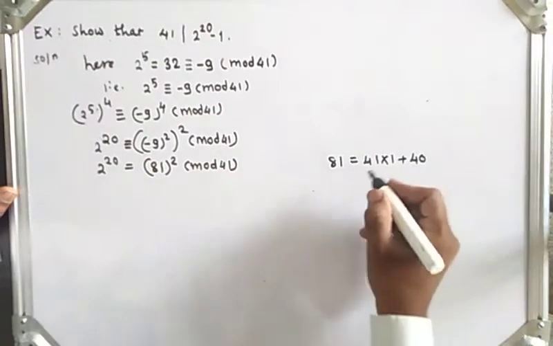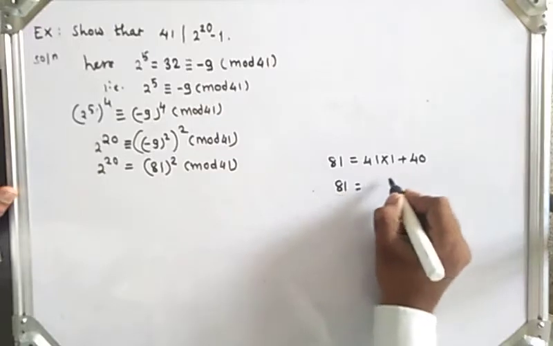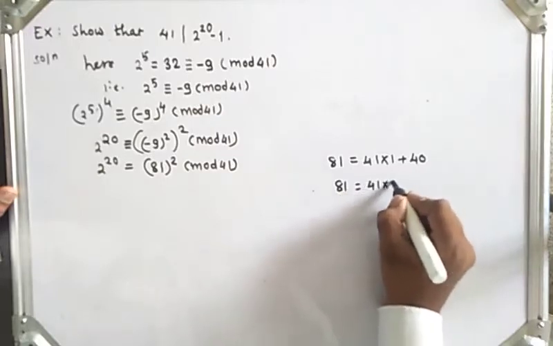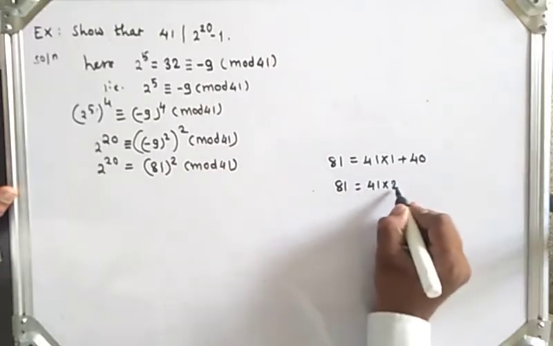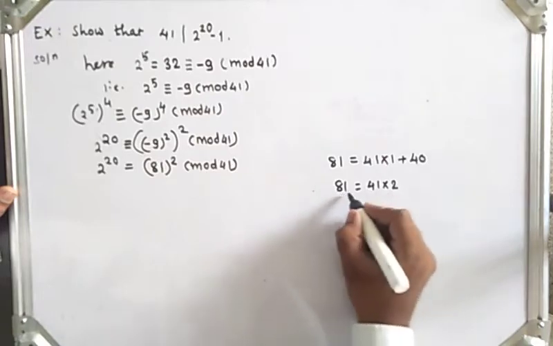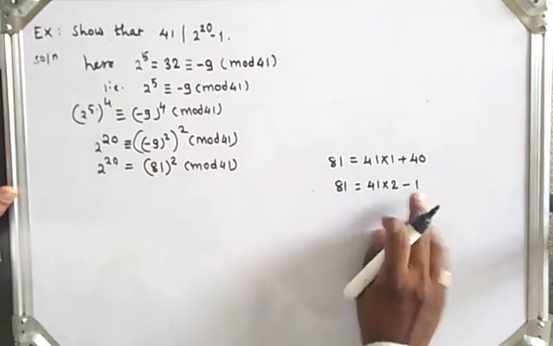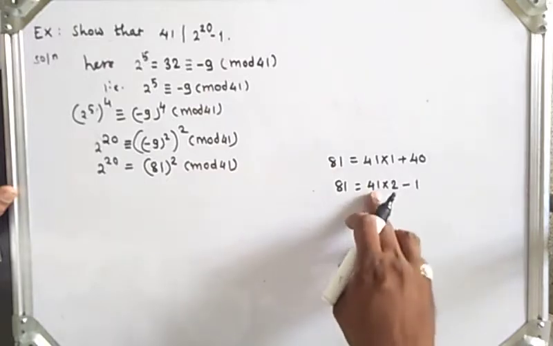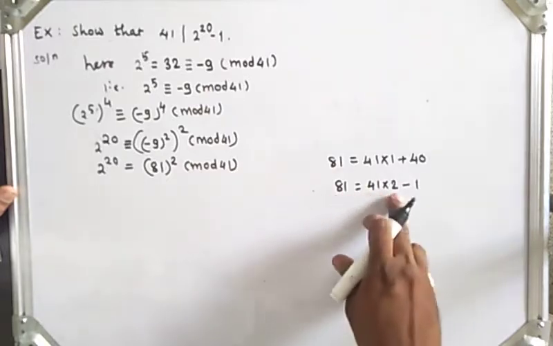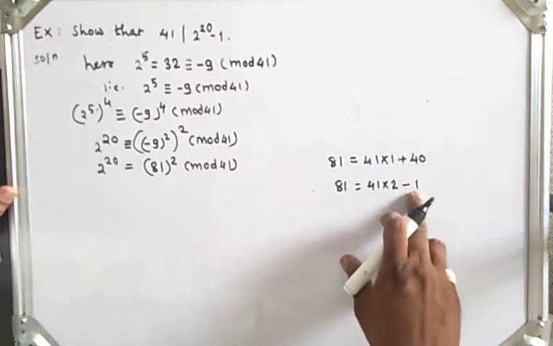Now this can again be written: if I take quotient 2, then 41 into 2 is 82. So 81 minus 82, the remainder is minus 1, right? When 81 is divided by 41, we get quotient 2 and remainder minus 1.